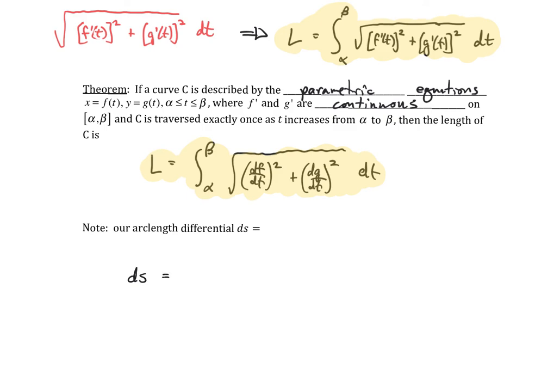So ds is going to be equal to just that integrand part with the dt attached to it: the square root of df dt squared plus dg dt squared, times dt. All right, so this is our formula for ds, which, in case you're wondering, is going to be important for us. All right, everyone, take care.